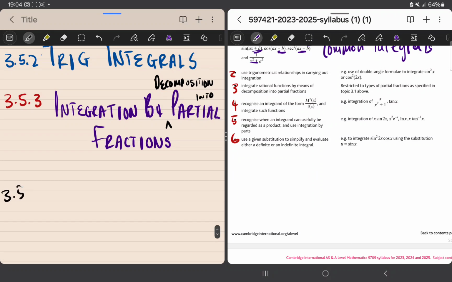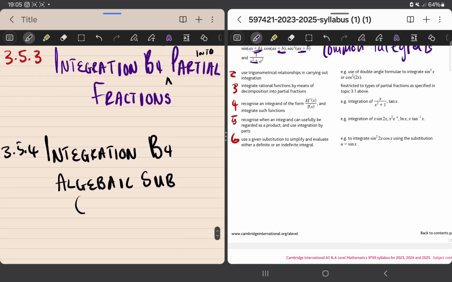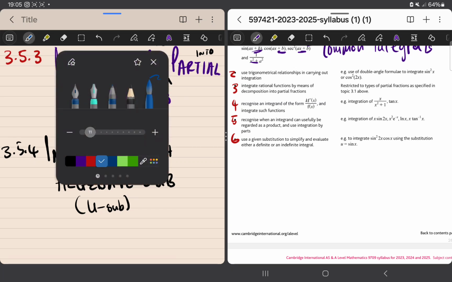Then we're going to have 3.5.4. What is this other way now in 3.5.4? They're saying recognize an integrand of the form this and integrate such. This is going to be called integration by U sub or by algebraic sub. That is, or you can put in brackets U sub. But U sub is also there in the last one, so I don't want you to be confused.